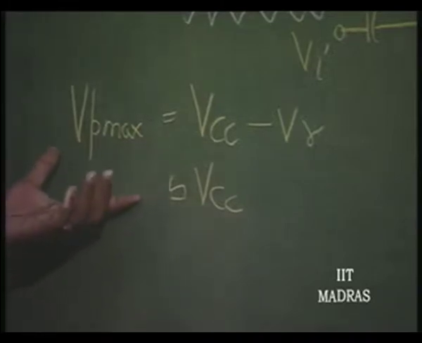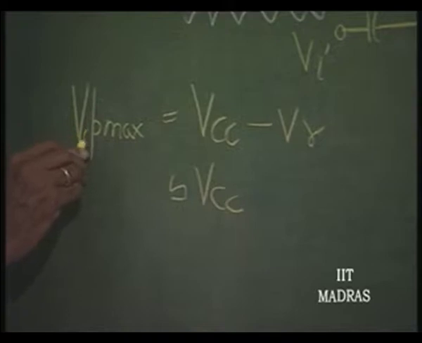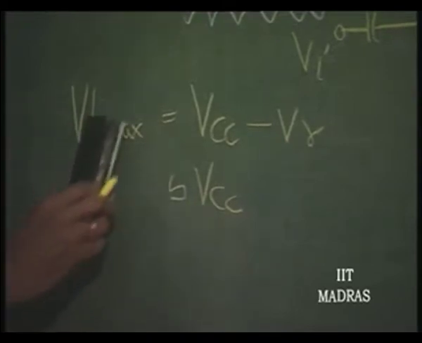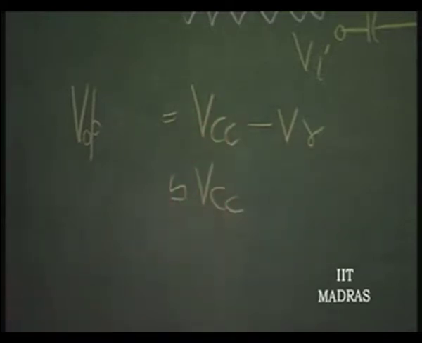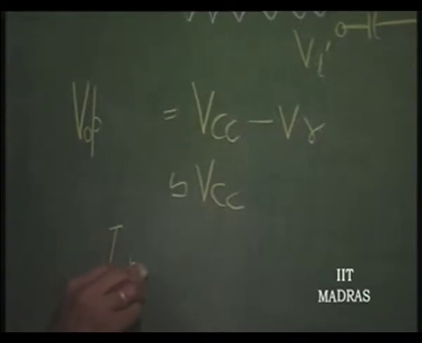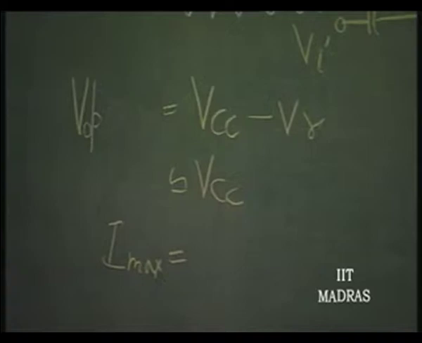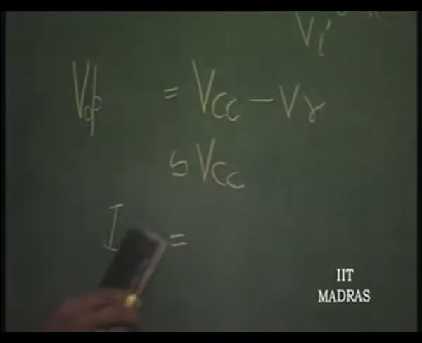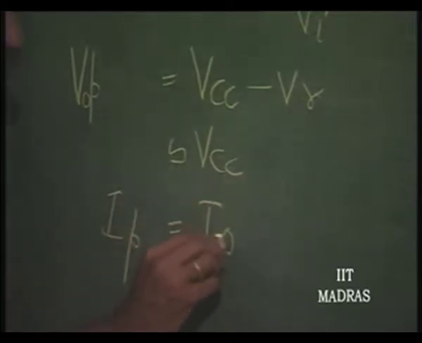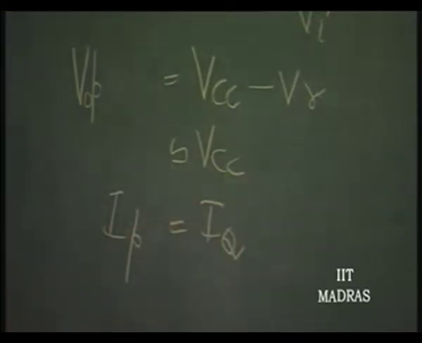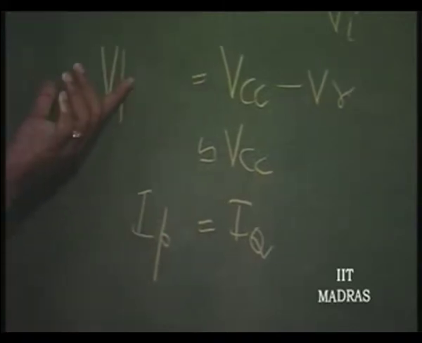So, we can have the V naught peak equal to VCC minus V gamma, which is very nearly equal to VCC, and I maximum corresponds to, actually I peak we will put it, I peak corresponds to I q itself. Therefore, on one side current swing is the one that limits, on the other side voltage swing is the one that limits.